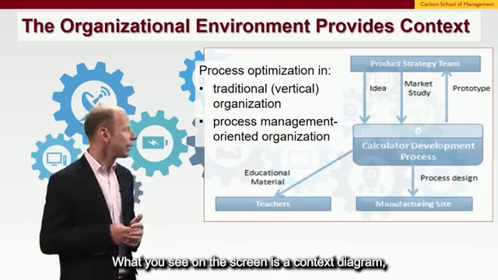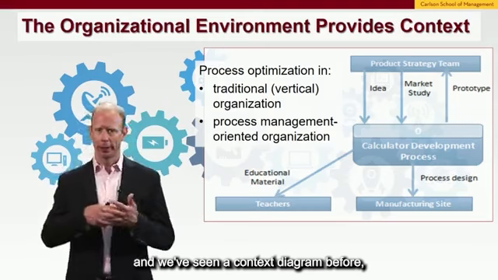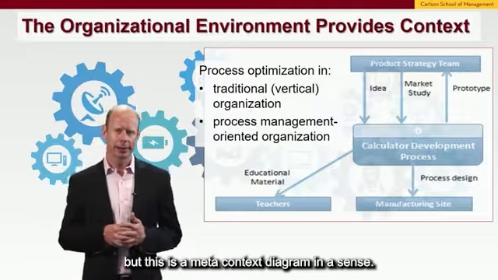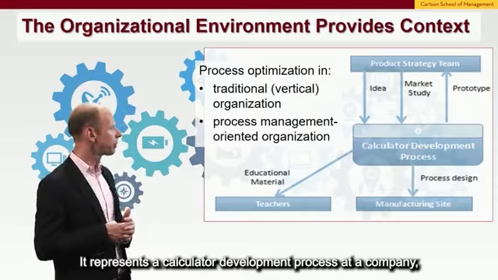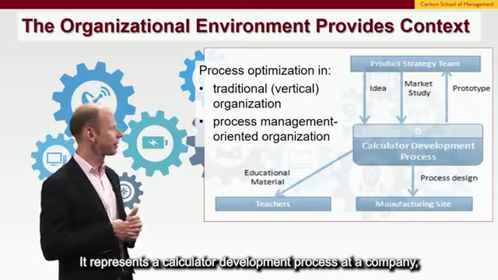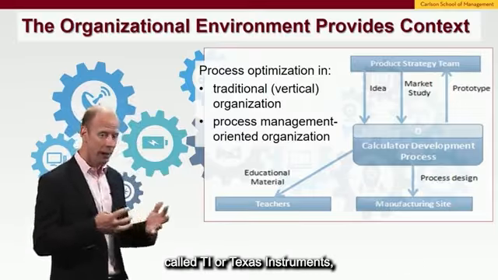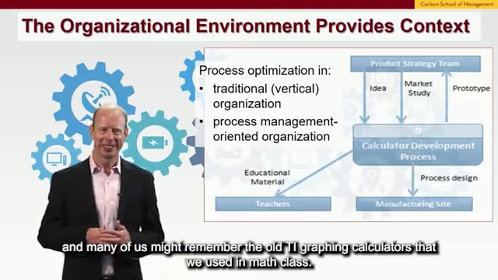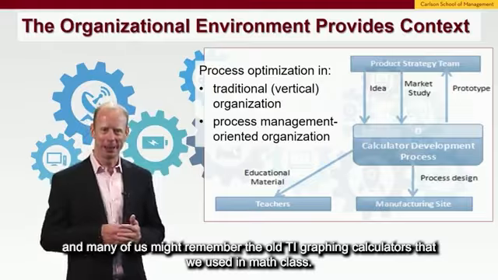What you see on the screen is a context diagram, and we've seen a context diagram before, but this is a meta-context diagram in a sense. It represents a calculator development process at a company called TI, or Texas Instruments, and many of us might remember the old TI graphing calculators that we used in math class.